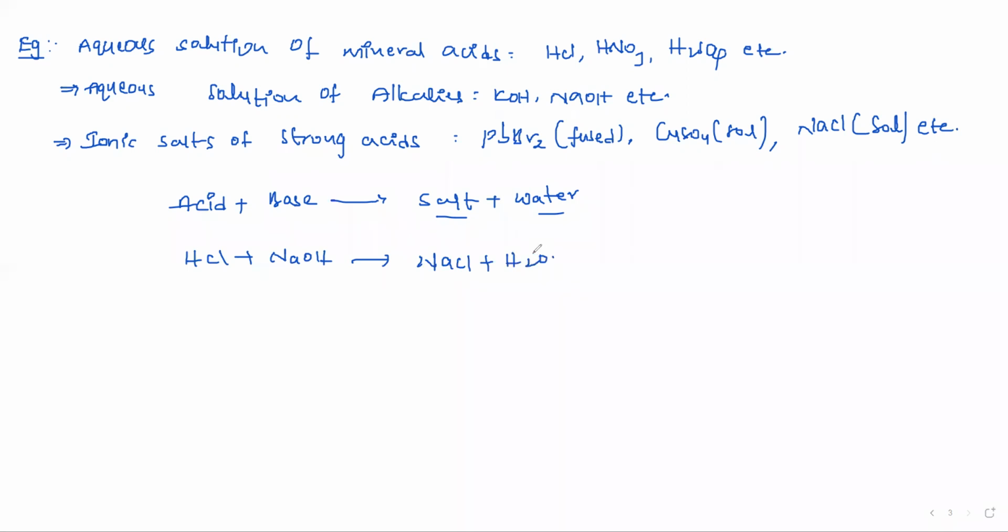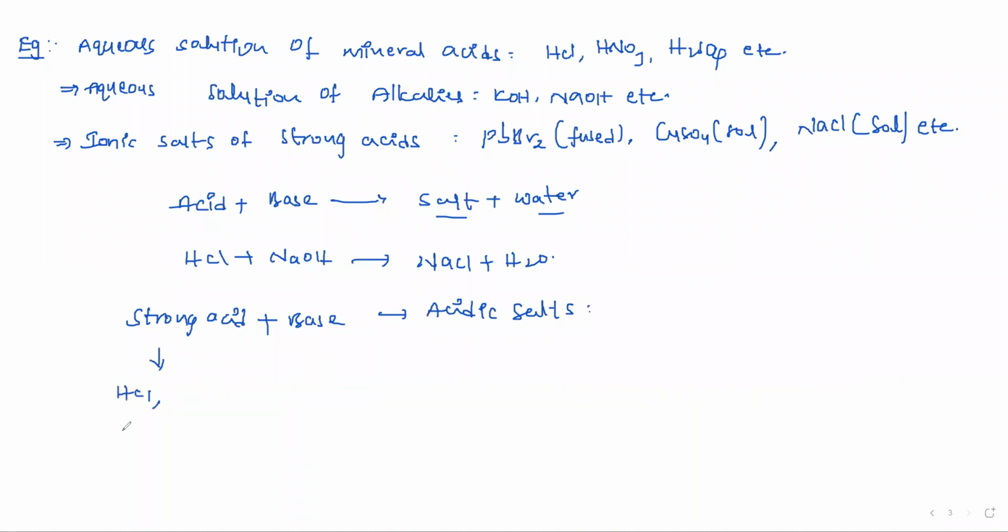Okay. Now, when strong acids react with bases, that is called ionic salts. How can we find the strong acids?